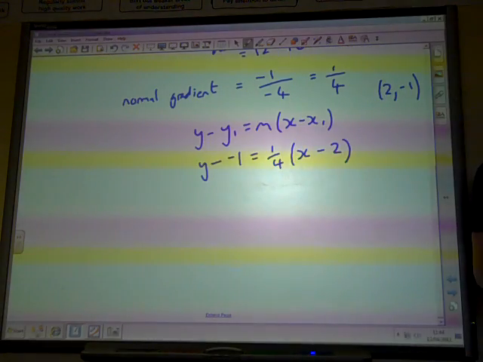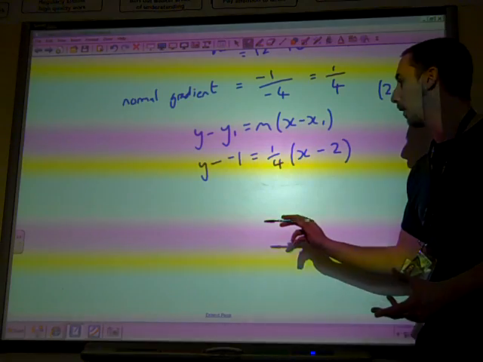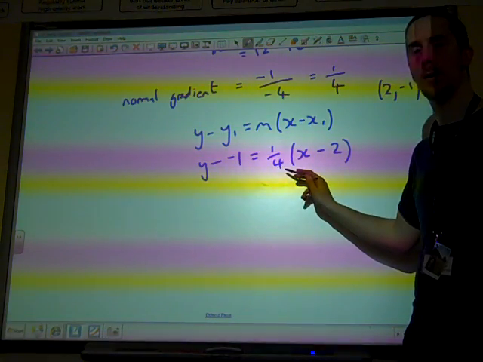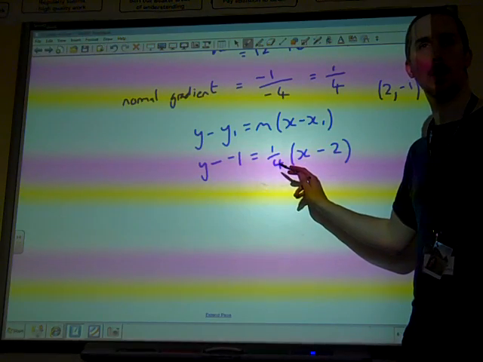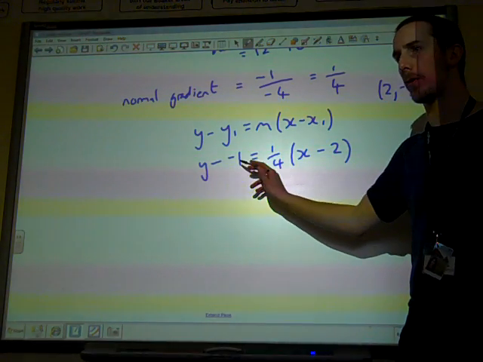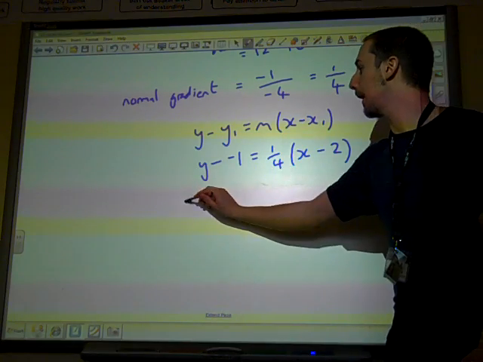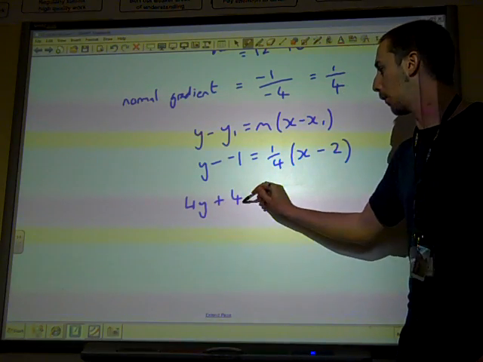Now remember, when we made up that question earlier, we didn't want to have fractions in here, so we multiplied by the 4. Are you happy? This would be y plus 1, wouldn't it? It's y minus minus 1. So if we times by 4, it'll be 4y plus 4.